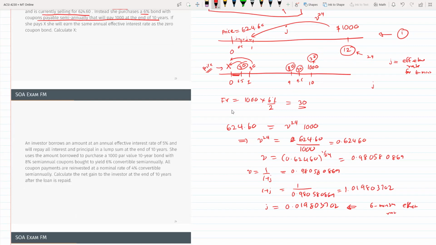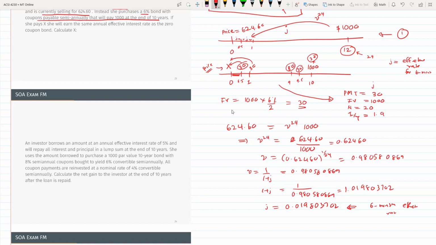Okay, so then I come back to here. For this one, I had to calculate the price. So what I do, I enter the values. The payment is 30, future value is 1000, and N is 20. There are 20 payments, and the rate we just found, if I multiply it by percentage, is going to be 1.98.